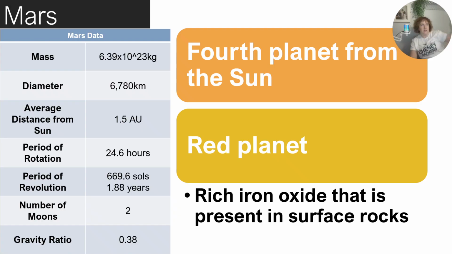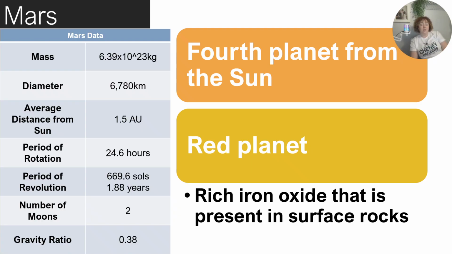So yeah, its period of rotation, so how fast it's moving on its own axis, is very similar to ours. It only takes 24.6 hours. Before we get into revolution, we need to know a little factoid. On Mars, we call a day a sol.